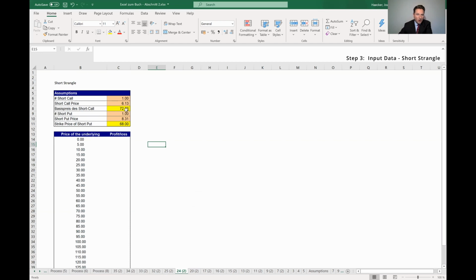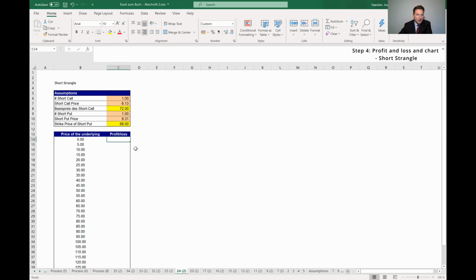So the short call comes up with a strike price that exceeds the current share price, and the short put comes up with a strike price that is lower than our current share price.